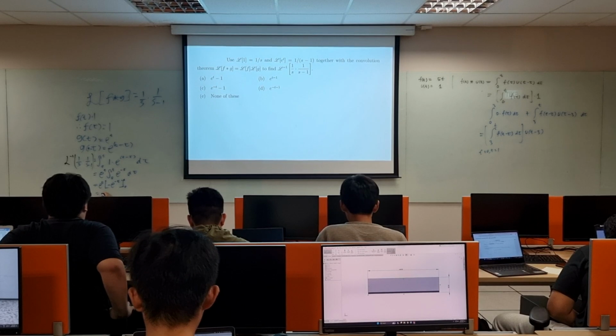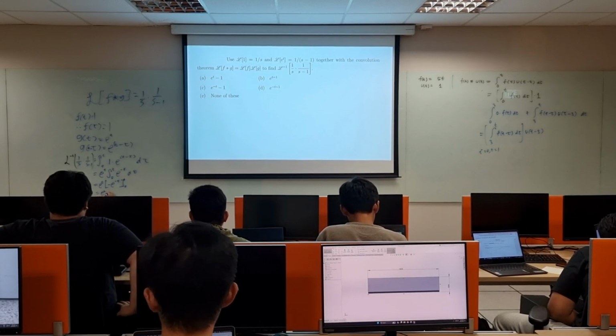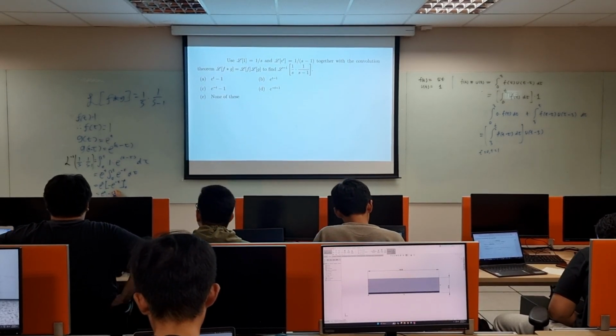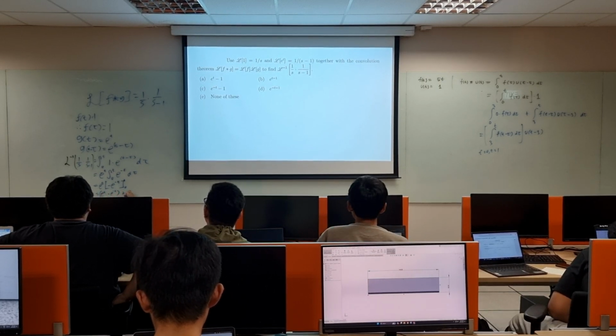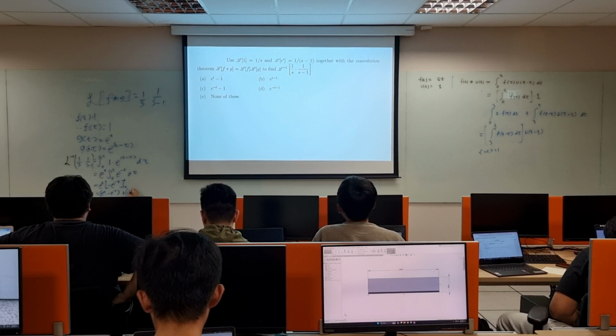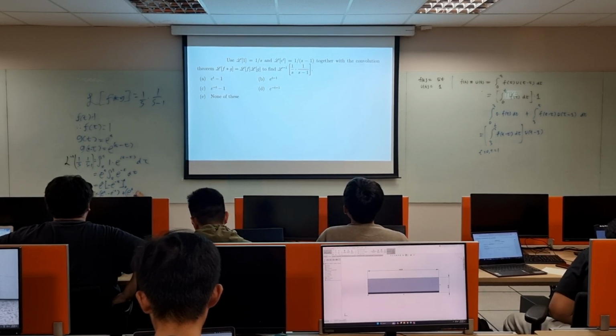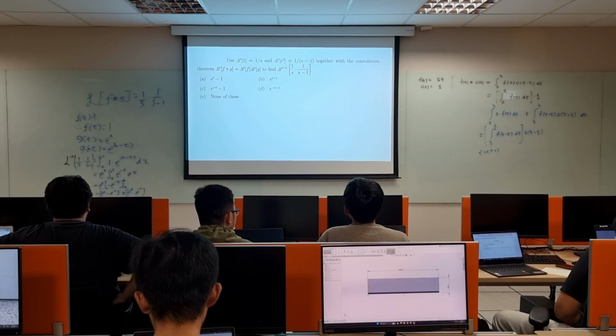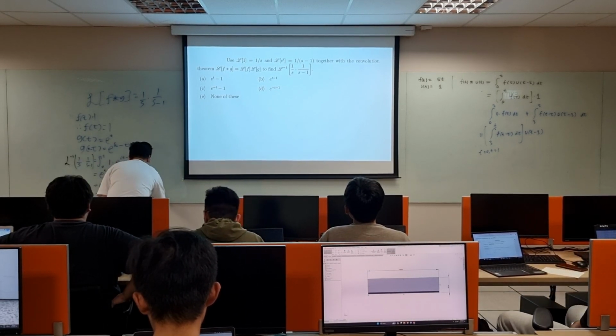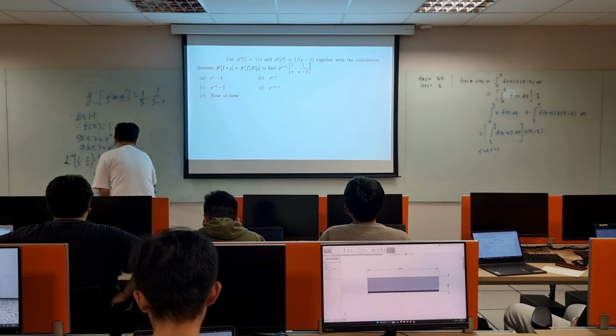So e to the t is multiplied by minus e to the power of negative t, minus minus e to the power of negative 0, which is 1.